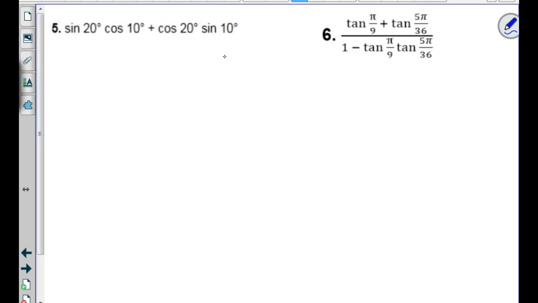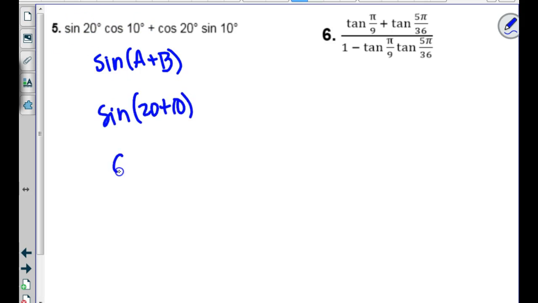So on the back of the reference sheet, sine, cosine, plus cosine, sine is sine of A plus B. And what are the A and the B in this particular example? So you'd have the sine of 20 plus 10, or the sine of 30. And then if you quick flip your reference sheet over, the sine of 30 is actually 1/2.